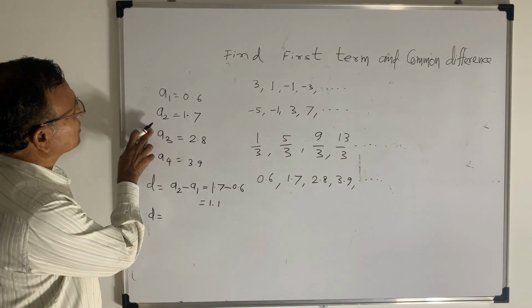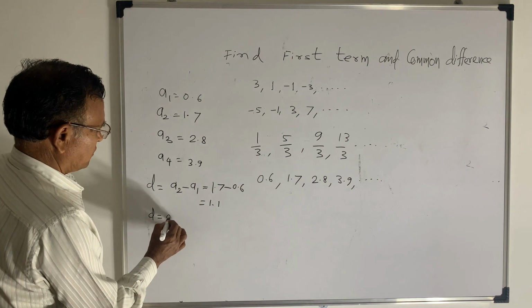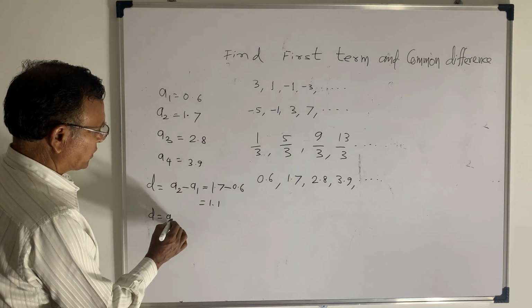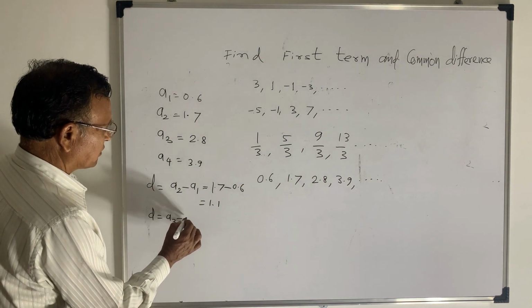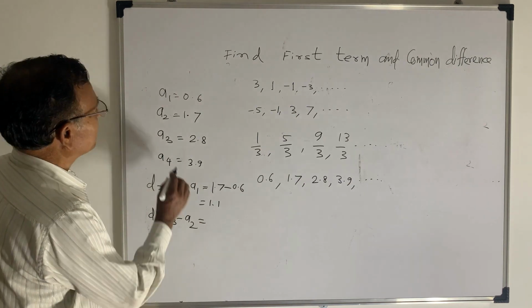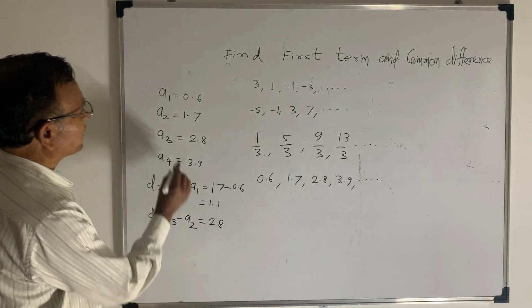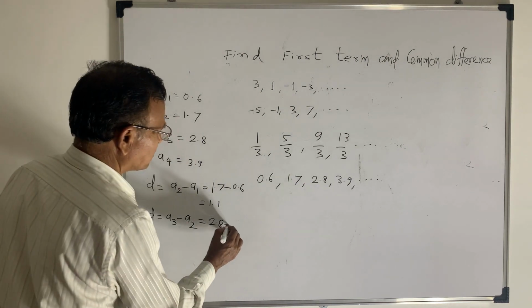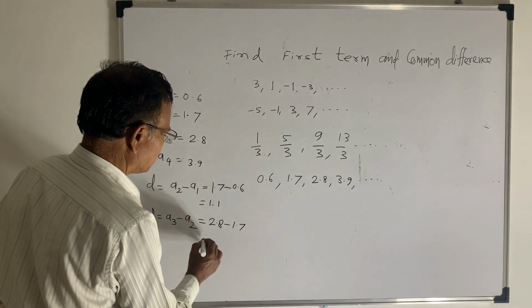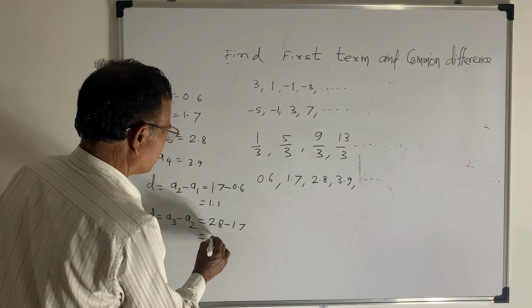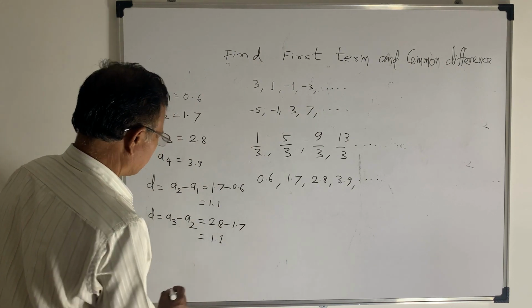You can take second also. Difference between third term and second term, that is 2.8, third term is 2.8 and second term is 1.7. So that is also 1.1.